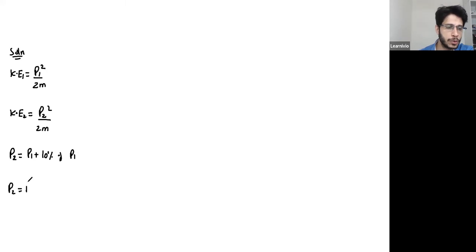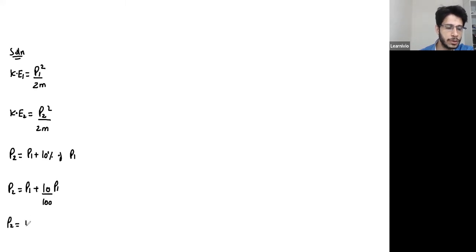See, the initial kinetic energy K1 is P1 square over 2m. K2 is P2 square by 2m. And it is given that momentum is increased by 10%. So you can write that your P2 is P1 plus 10% of P1. So P2 is P1 plus 10 by 100 P1.